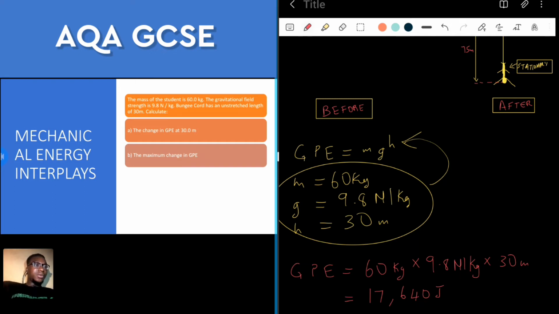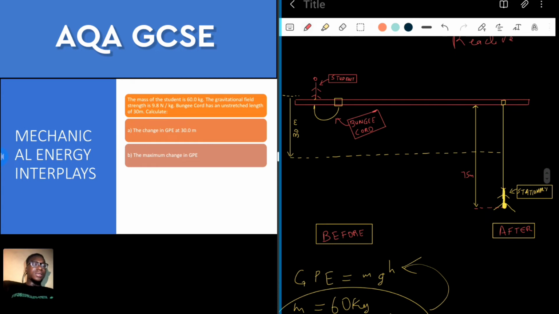Okay, right there, the question now says we should also calculate the maximum change in GPE. So here we're assuming that the student, after jumping, reaches the highest length that the cord can achieve, which is 75 meters. So when the cord is stretched to its limit, you'll have 75 meters. That's the highest here.